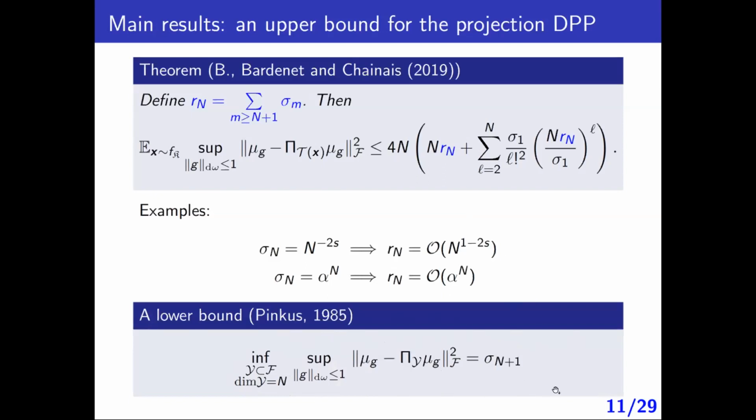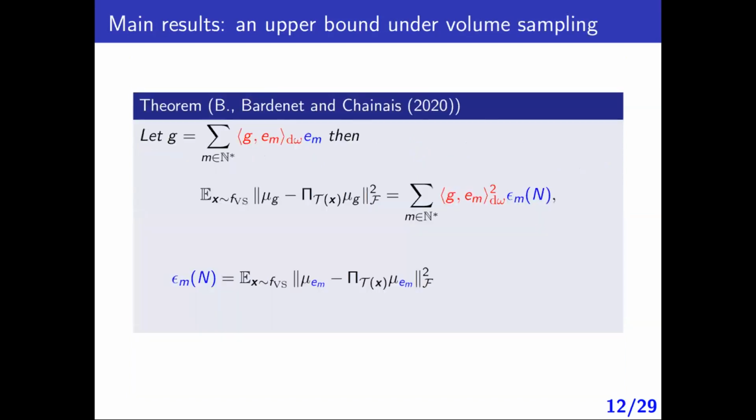Now, what happened for the continuous volume sampling distribution? Here it is volume sampling, and we have a different result. We give the expected value of the interpolation error under volume sampling, and we prove that it has a tractable formula.